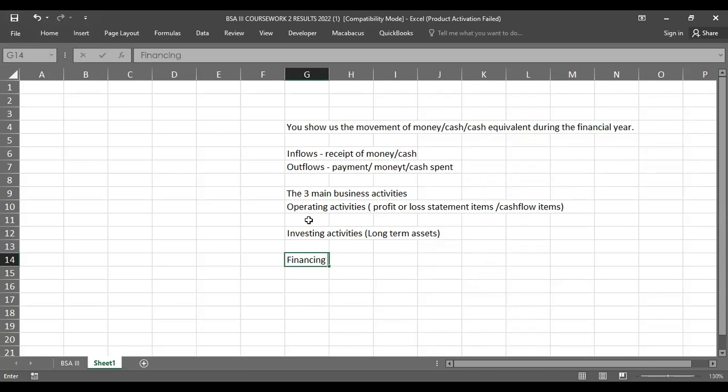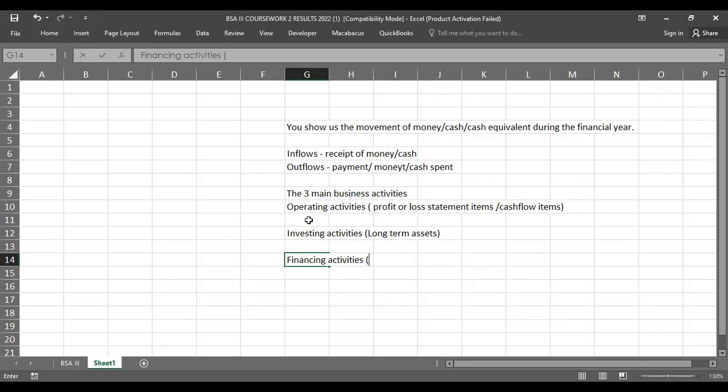Financing activities, basically what helps us get money. Where do we pick our funds from? Where do we get cash from? You would say cash or you would say capital, but ideally it is, if I need money, where can I get it from? That is if it's not under operating activities or investing, where you have sold maybe a car or inventory.